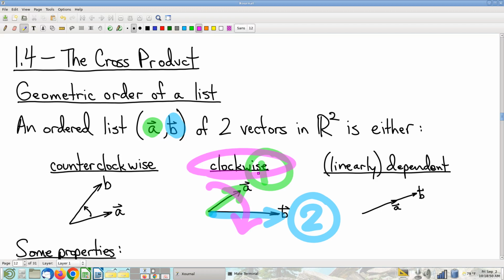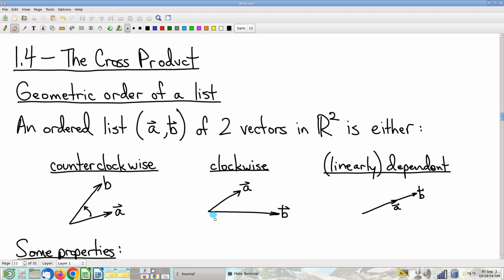So these are the 2 opposite ideas that we're going to be distinguishing when we're talking about an ordered list of vectors in R2: clockwise and counterclockwise. Okay. How are we doing?